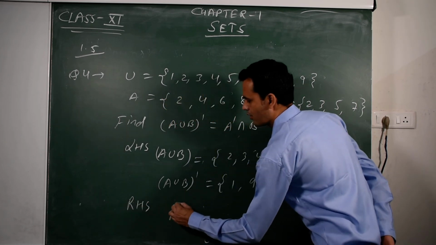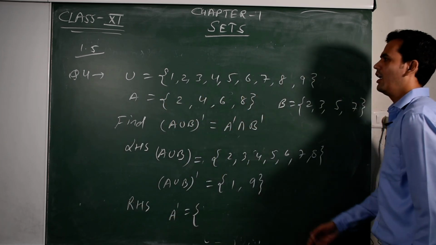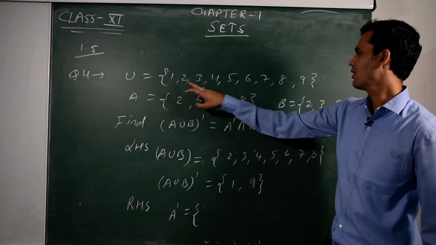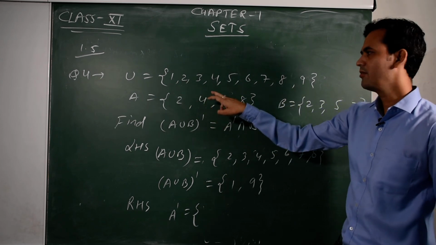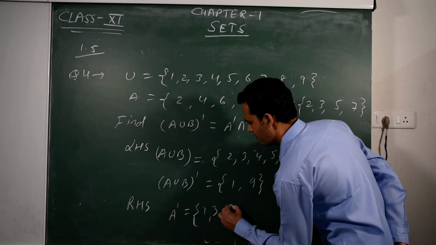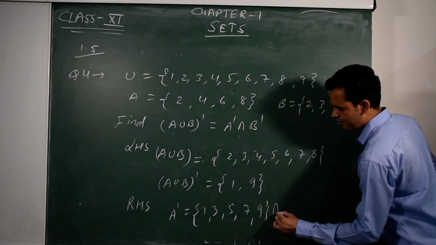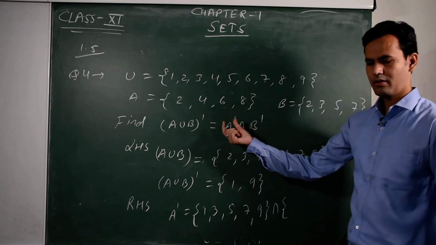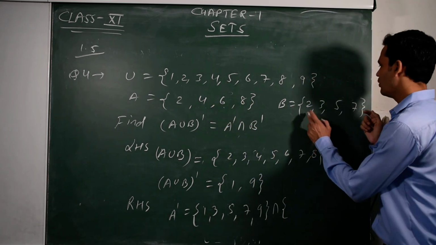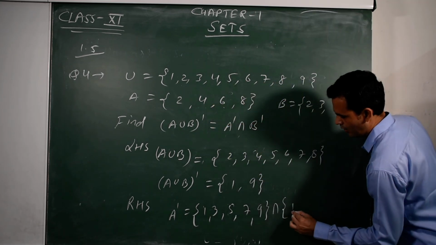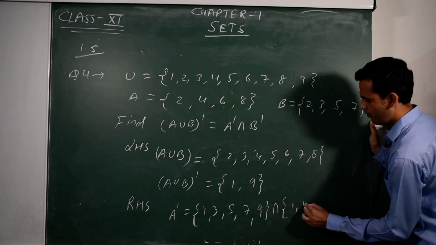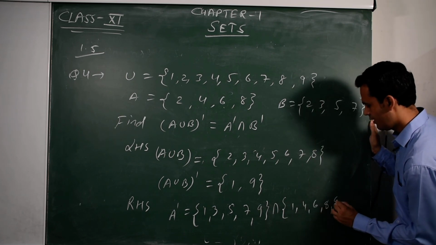And now RHS. So, first find A complement. A complement means other than these 4 elements 2, 4, 6, 8: 1, 3, 5, 7 and 9, and intersection B complement. So, B complement: 2, 3, 5, 7 removed, so 1, 4, 6, 8 and 9.